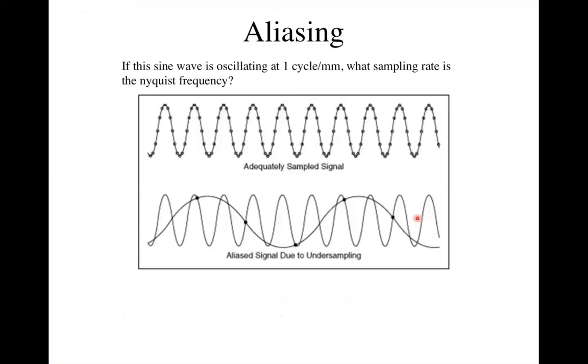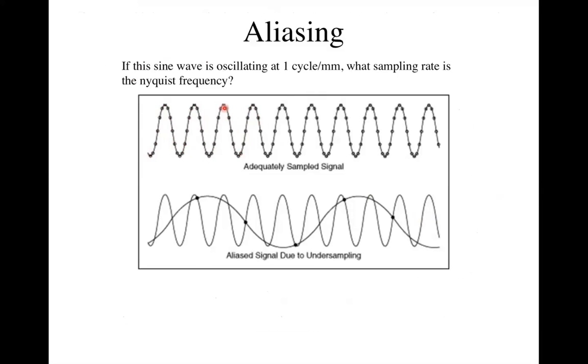Let's go back to our example that we showed above. You can see now that this sine wave is oversampled, actually. It's sampled very well. We have enough samples across the sine wave to know what the amplitude and phase of this thing is. And the question is, if this oscillation is going at 1 cycle per millimeter, what sampling rate is the Nyquist frequency?